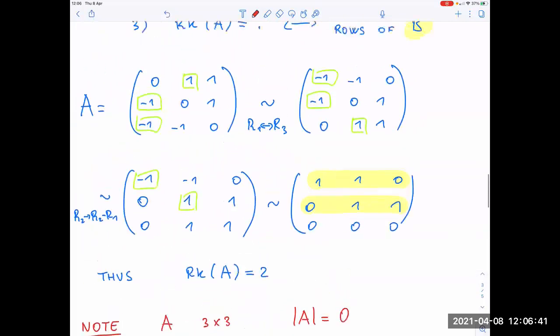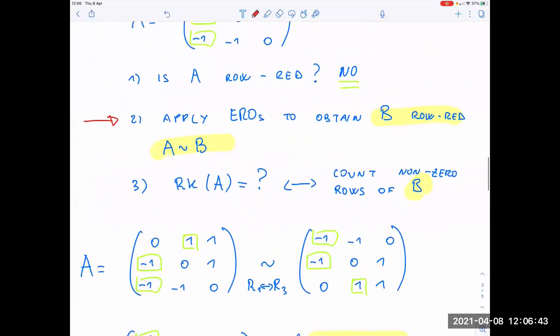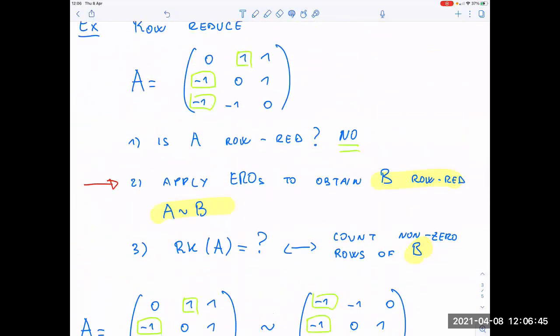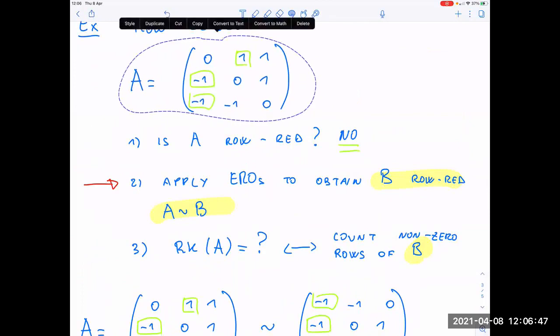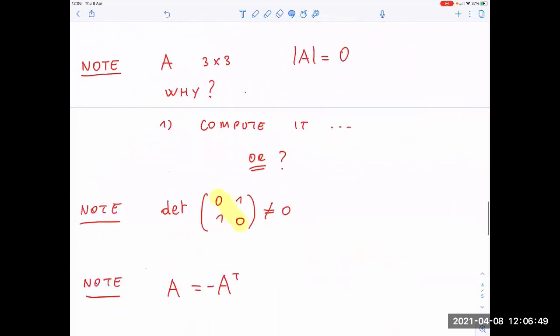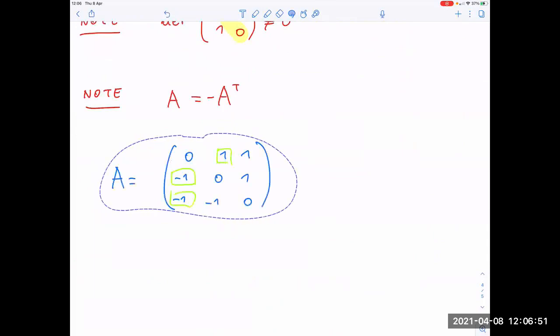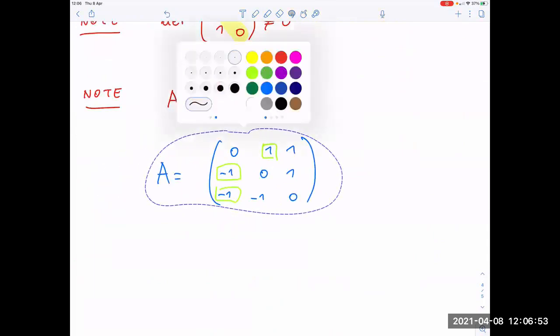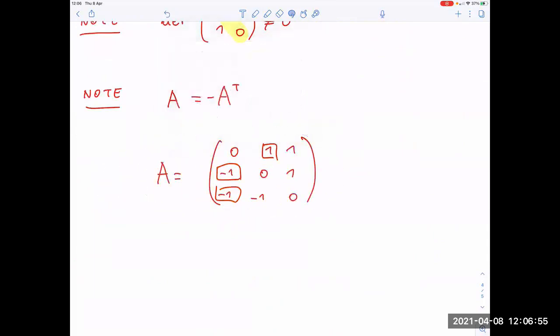Do you agree? So let's take the original matrix A. Here it is. Let's carry it downstairs. You see, this is a skew-symmetric matrix. So A is skew-symmetric.